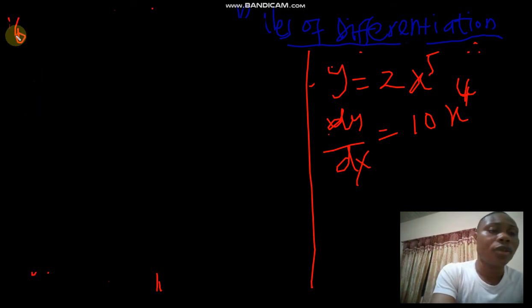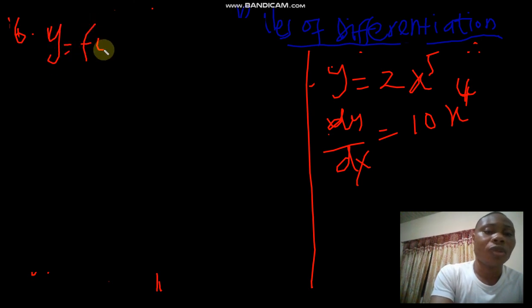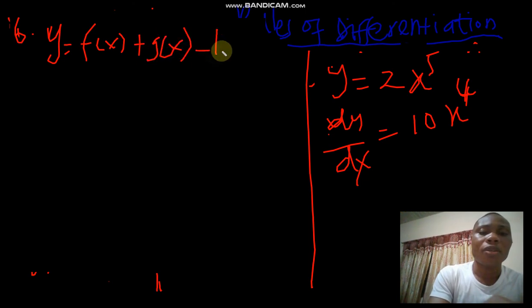Then the sixth one. If I have a function of a function, so let's say y is equal to f of x plus g of x minus h of x. So either addition or subtraction.